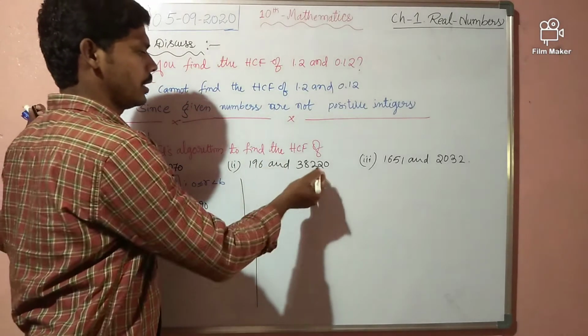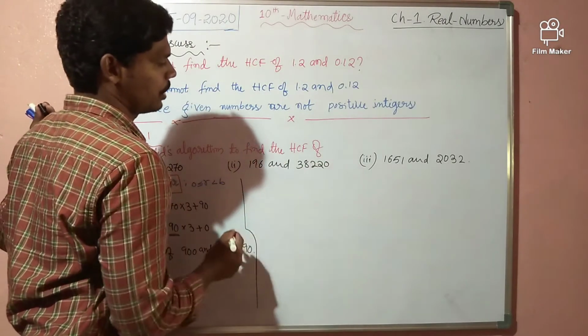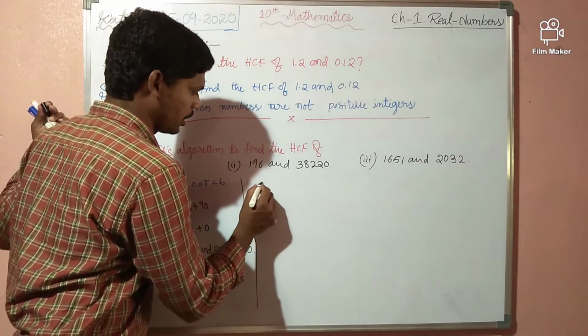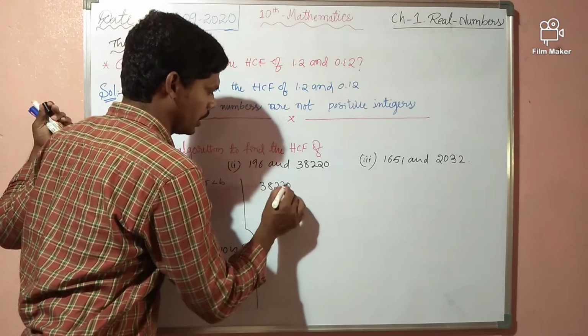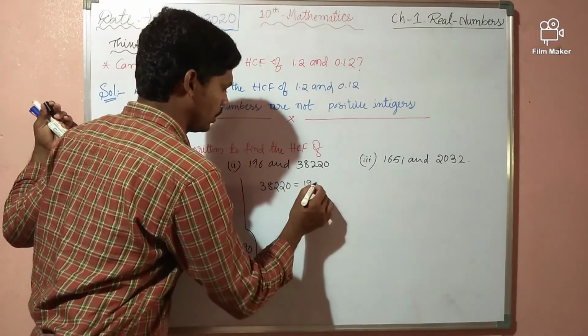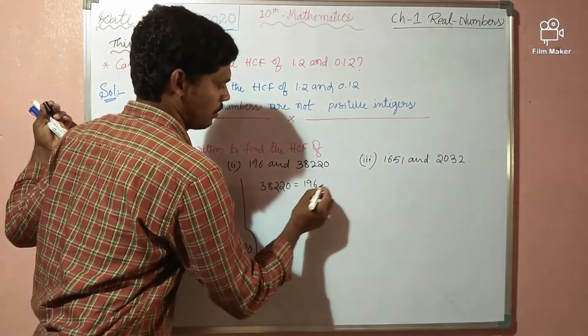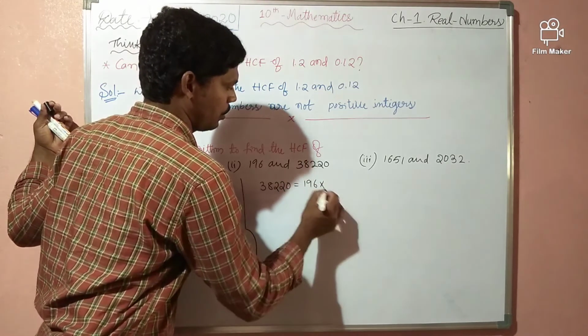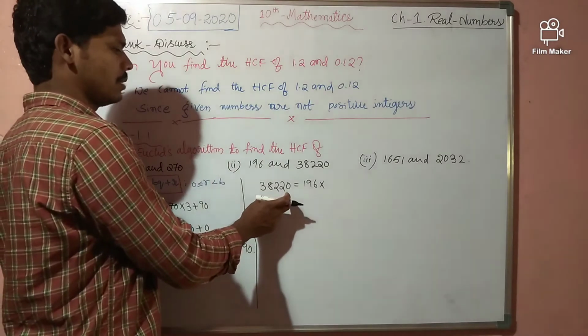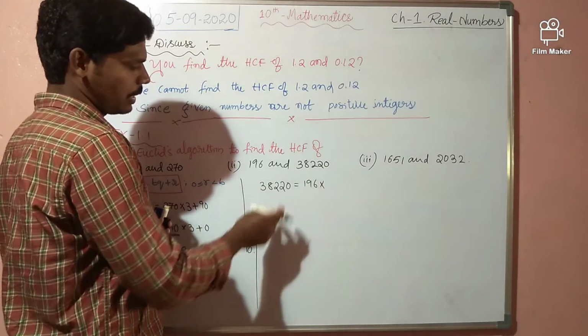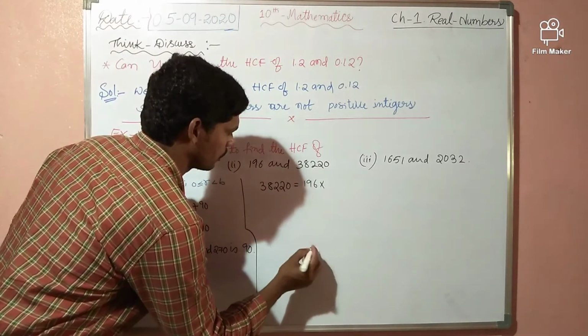Coming to 196 and 38,220. The largest number we write first: 38,220 is equal to, do the division by 196, into how many times it goes. Here the largest number is 38,220, so for that you can go for division.